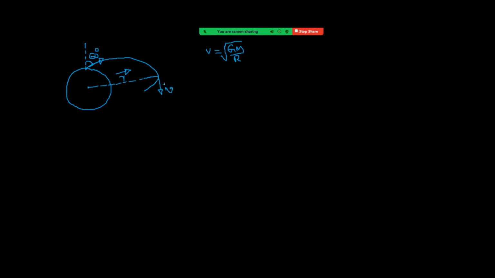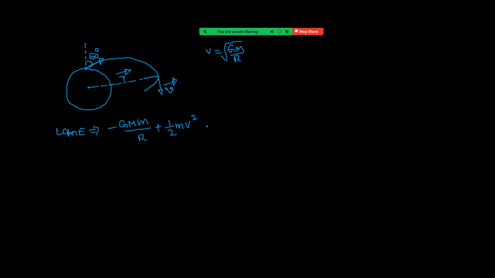So here see what we can write. First we write the law of conservation of mechanical energy. Potential on the surface of the earth is minus G Me m by Re, and kinetic energy is half m v naught square.